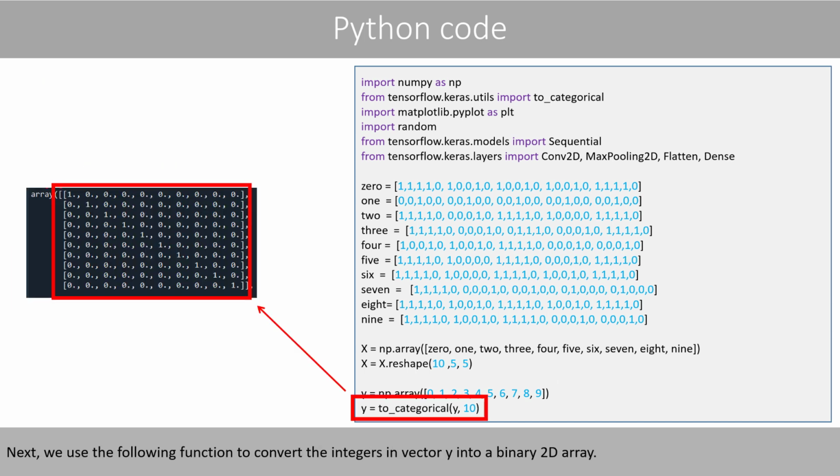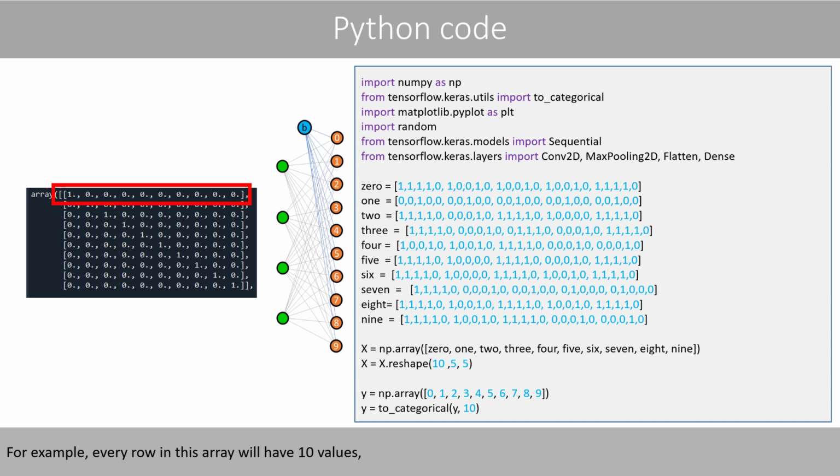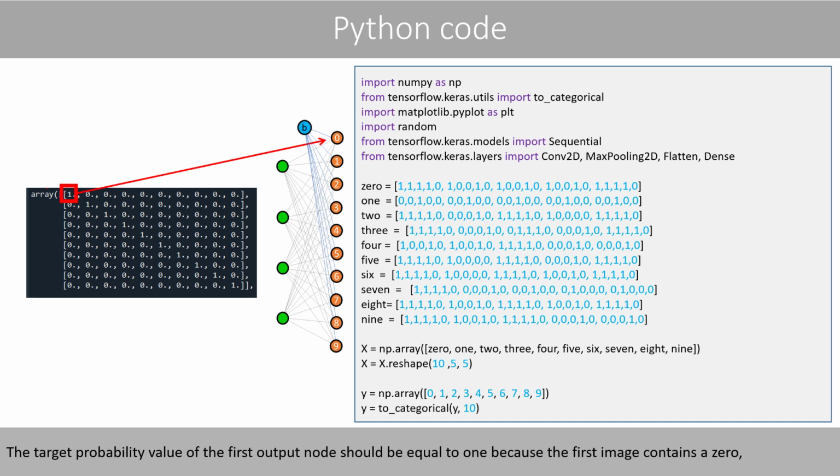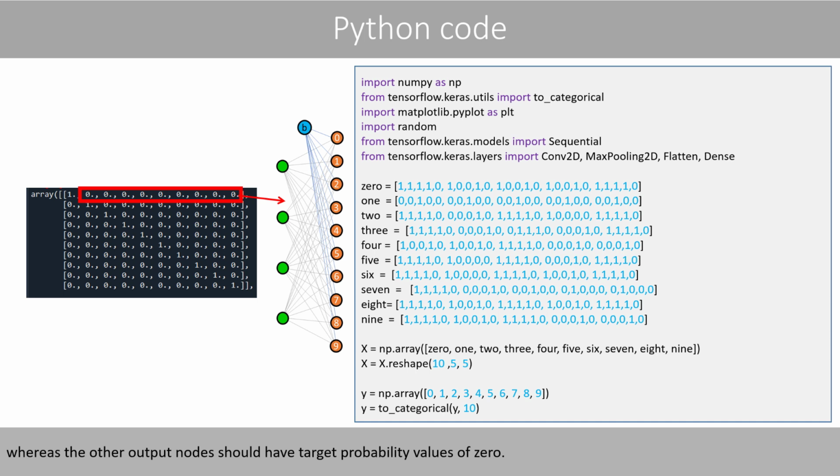Next, we use the following function to convert the integers in vector y into a binary 2-dimensional array. For example, every row in this array will have 10 values, because the network has 10 output nodes. The target probability value of the first output node should be equal to 1, because the first image contains a 0, whereas the other output nodes should have target probability values of 0.